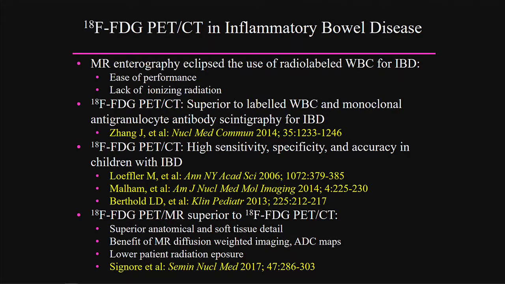We know that FDG PET-CT is superior to labeled white cells and even to monoclonal antibody scintigraphy for inflammatory bowel disease, and that in children it's been proven to be highly sensitive, specific, and accurate in diagnosis and in follow-up of IBD. Signori et al. has suggested that PET-MR is superior to FDG PET-CT because of superior anatomical and soft tissue detail, the benefit of MR diffusion-weighted imaging, and lower patient radiation exposure.